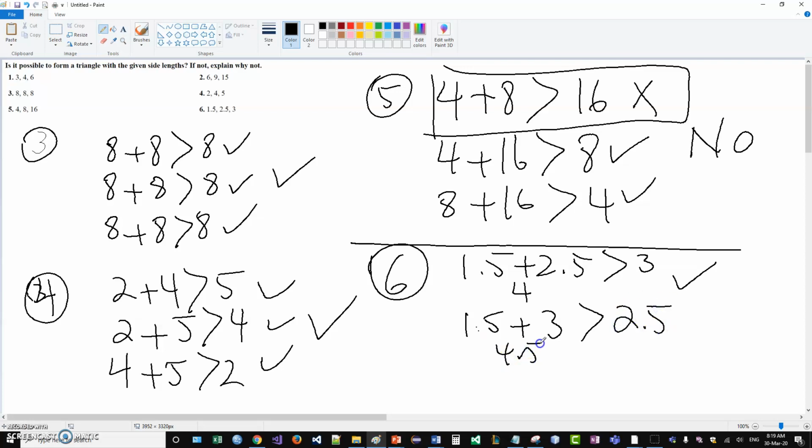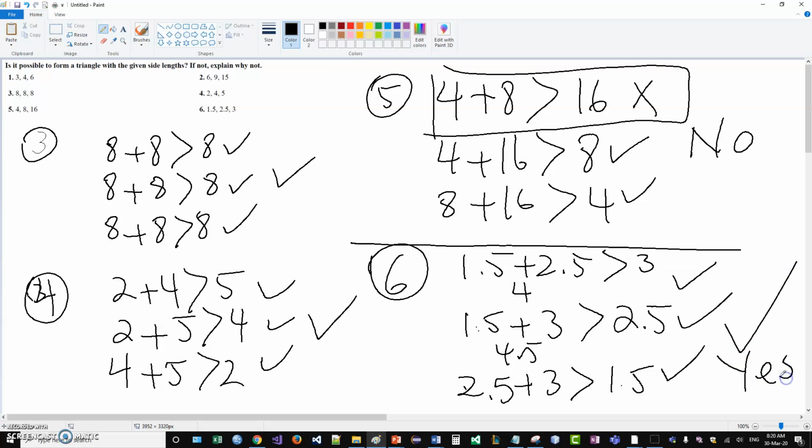That's 4.5. Yes. And then 2.5 plus 3, is that greater than 1.5? Yes. So these sides can form a triangle. Alright, pause the video and look at these questions and try to do them yourself.